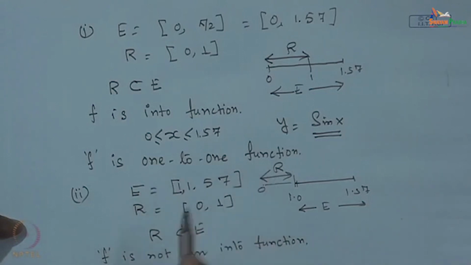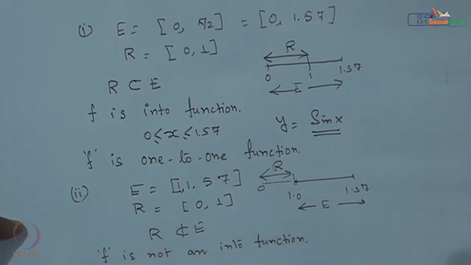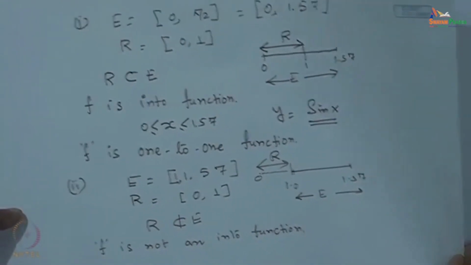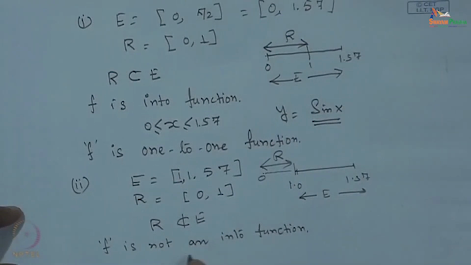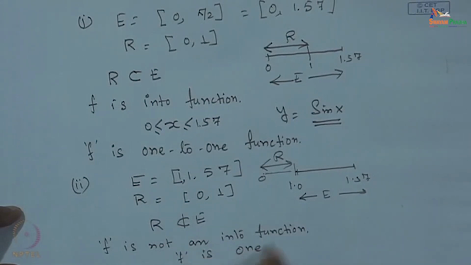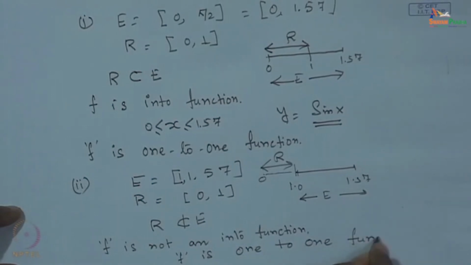Still this relation holds, because for every value of x, there exists a particular value of y in R, y in E domain. So, f is a 1 to 1 function.